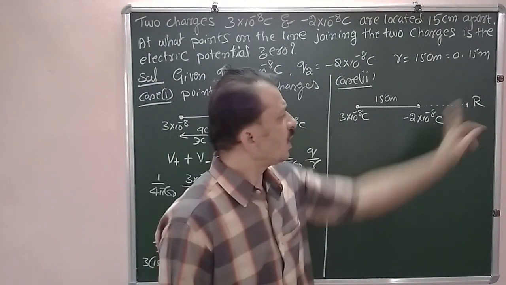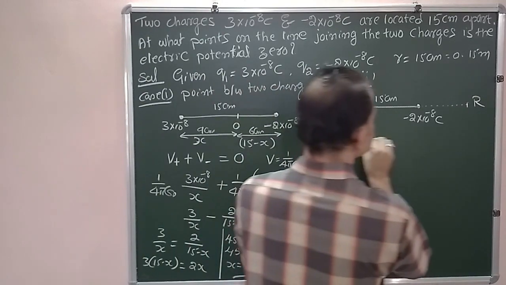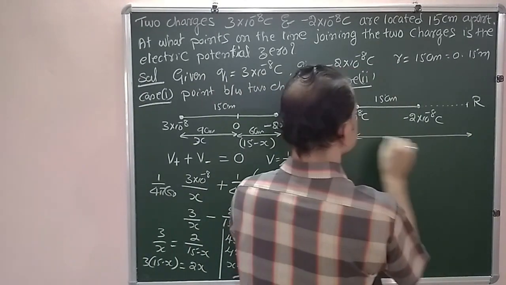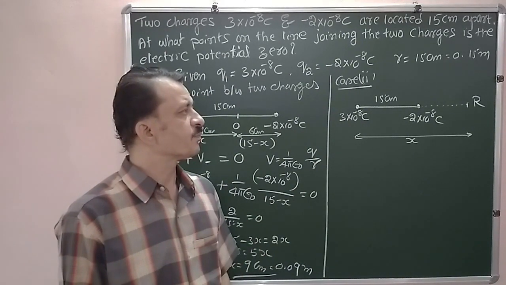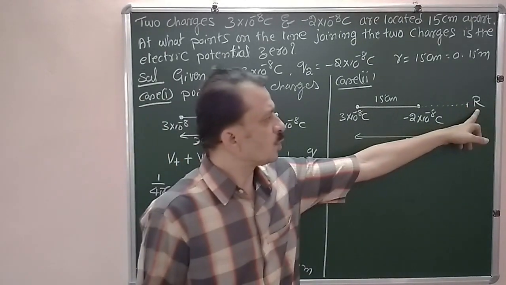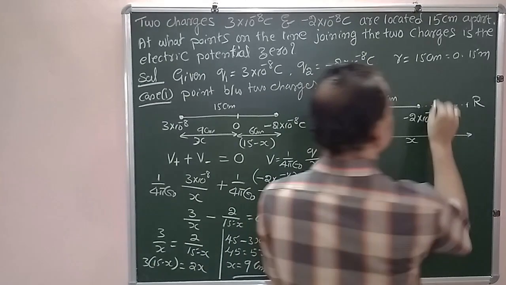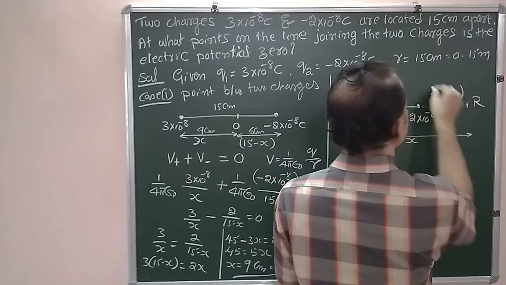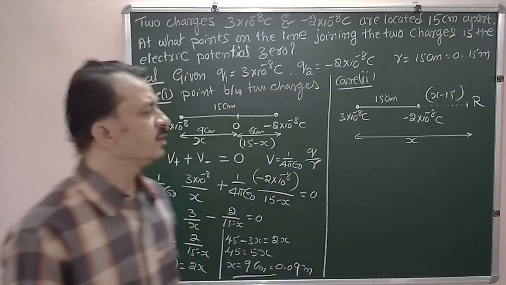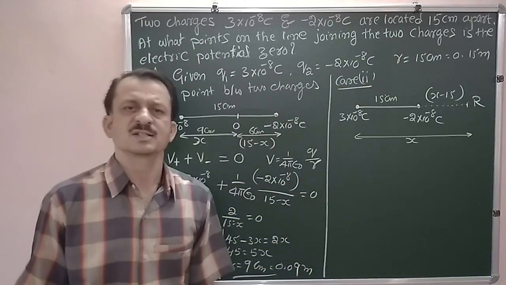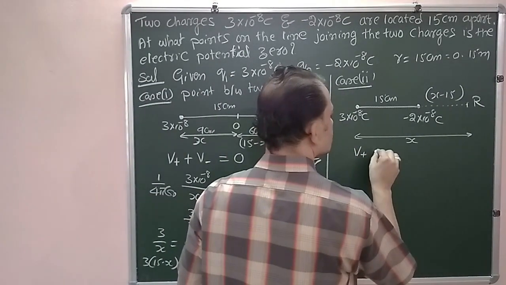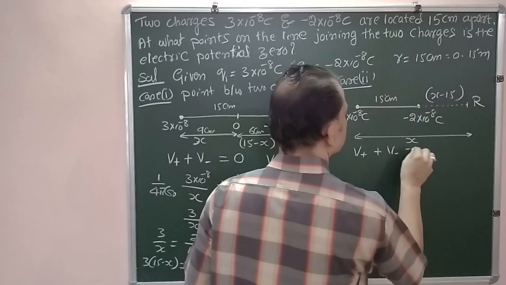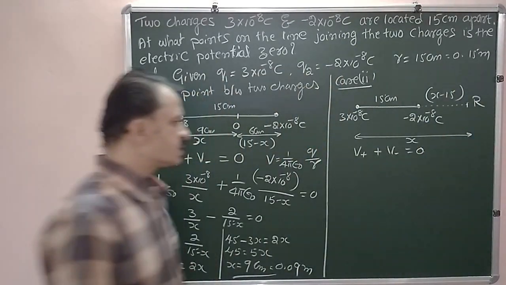Now this point R is at a distance of x from the positive charge. Then what is the distance of this point from the negative charge? It is x minus 15. That is the second case. Now here also once again, the potential due to positive charge plus potential due to negative charge at the point R is 0.